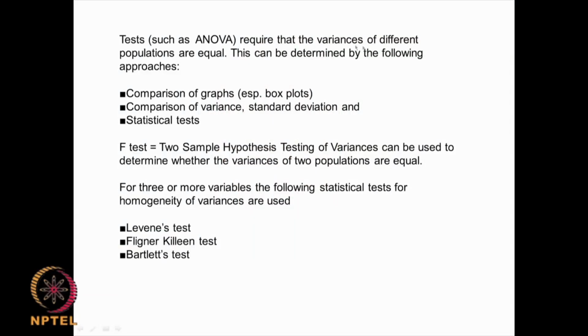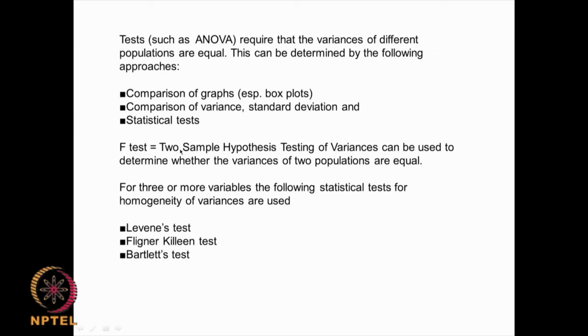If they do not satisfy it, then we need to use some other type of test. For example, ANOVA requires that the variances of different populations are equal. This can be determined by the following approaches. We can compare graphically using a box plot, or we can compare variance and standard deviation. We can even do a statistical test like the F test.